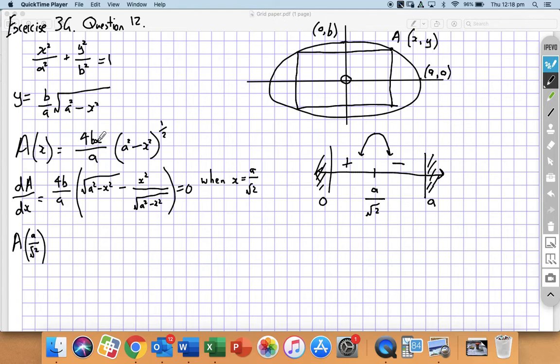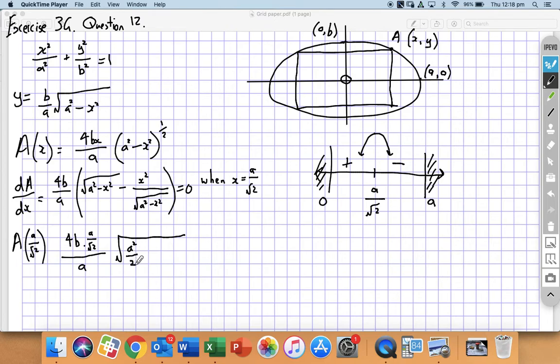So anytime you see an x, what have we got? 4b times a on square root 2 divided by a, and that's going to be multiplied by the square root of a squared.